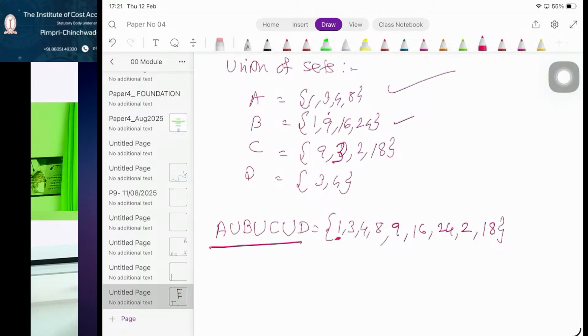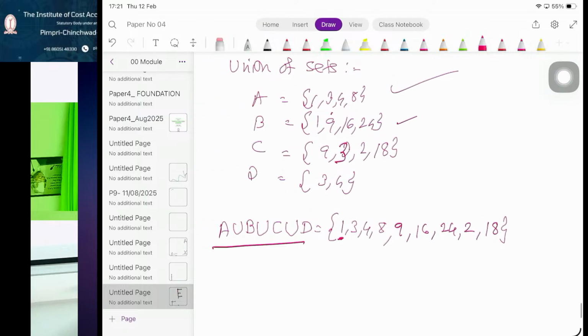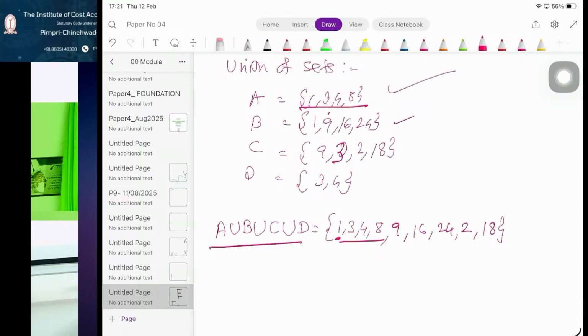So, here I have written the example of union of sets. I have written first A set here. Then I will jump to the set B. 1 is already given, so I will not repeat it. 9, I have written the 9. 16, written the 16. 24, written the 24.